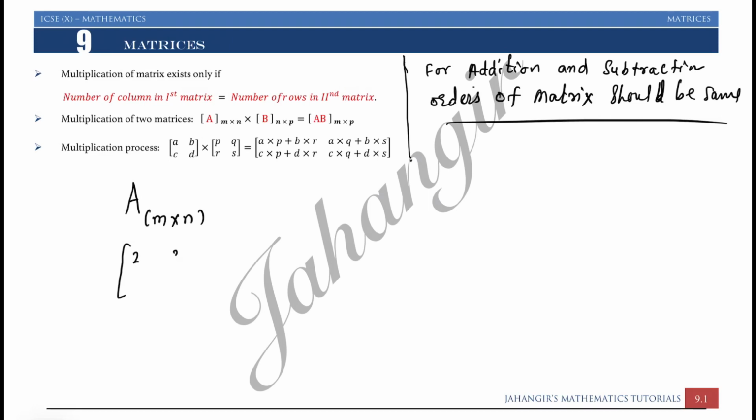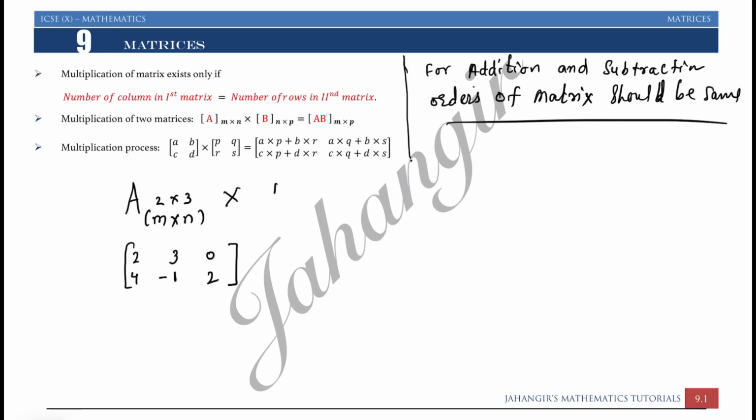Let's say 2, 3, 4, minus 1, and the third row will be 0, 2. This is a 2 by 3 matrix. So its order is 2 rows and 3 columns.